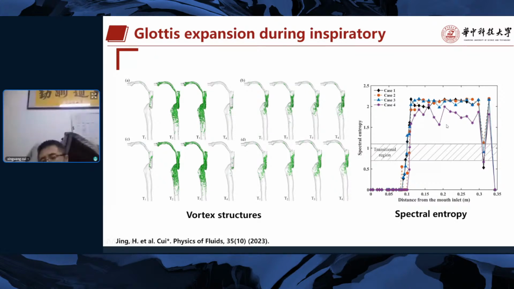And if we don't consider the glottis motion and assume the inspiration flow rate is static, then we will get less turbulent flow.